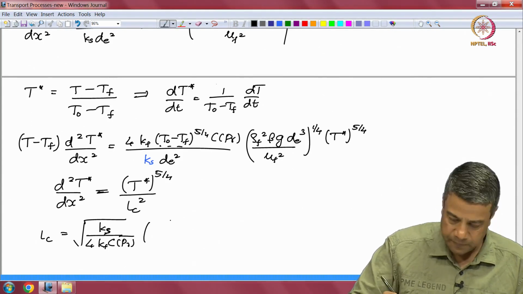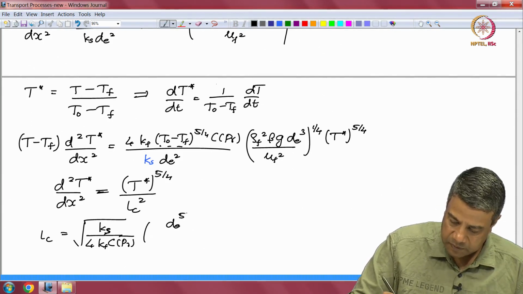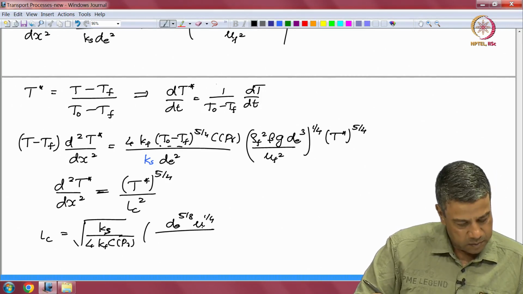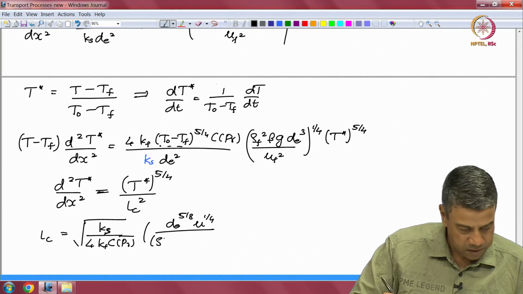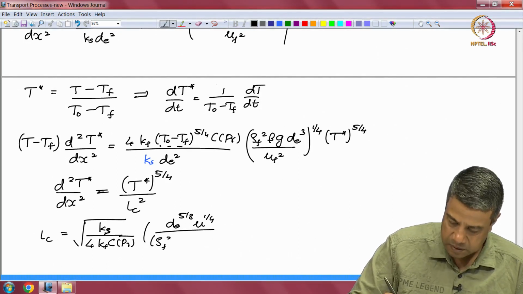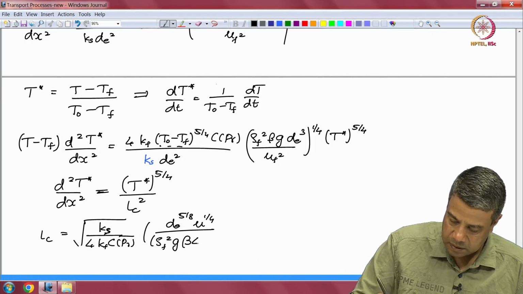This whole into dE power 5 by 8, mu power 1 by 4 by rho f square g beta delta T.